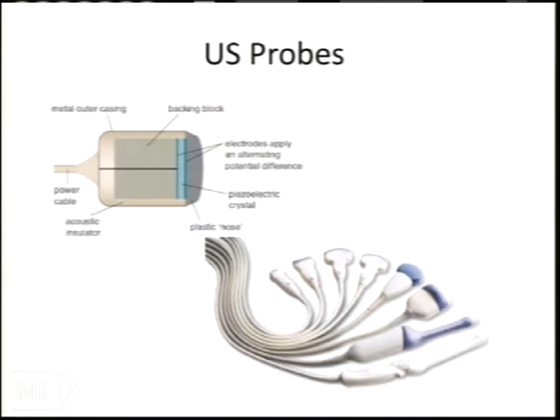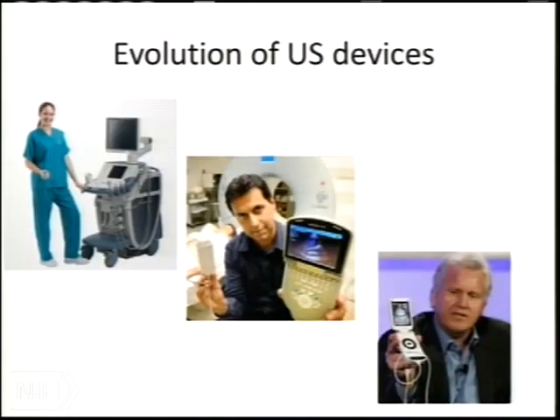So if you want really good resolution, use a fairly high frequency probe. But the problem is that sound attenuates as a function of frequency. So the problem with a high resolution probe is that you can't go very deep. So it's great for the thyroid gland and for what they call small part scanning, but it's not very good for looking at the abdomen, where you actually have to have quite a bit of depth.